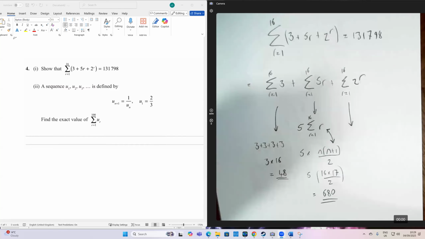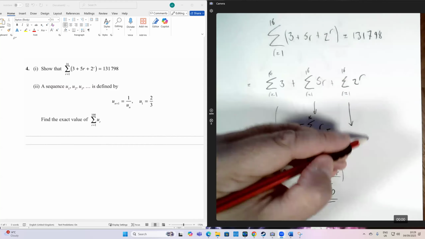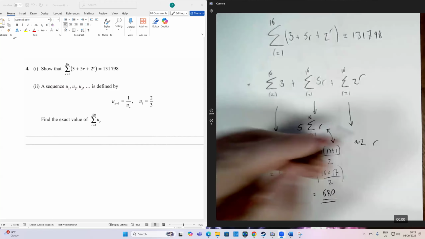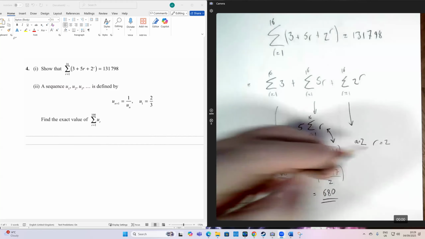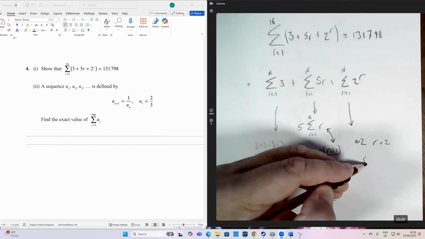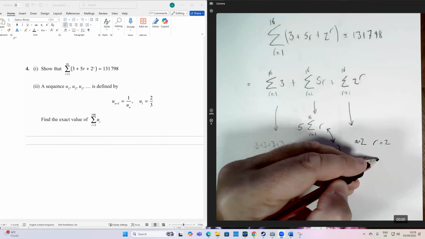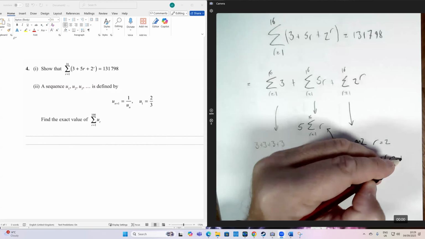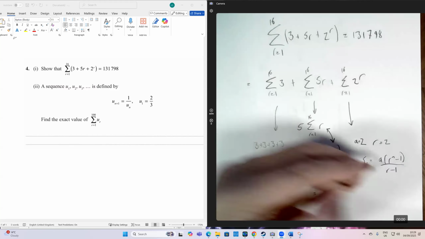The next term, 2 to the power r, is going to be a geometric series. The first term, when r is 1, is 2, so our a is 2. And our common ratio is 2 as well, because we're multiplying by 2 each time. So we're going to use the formula S_n equals a times r to the n minus 1 over r minus 1.